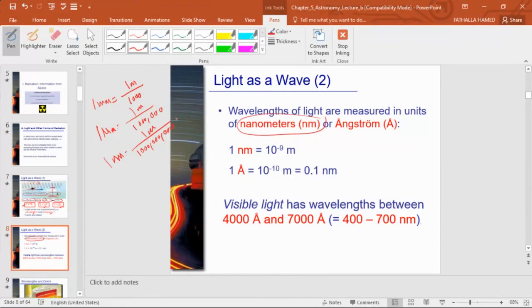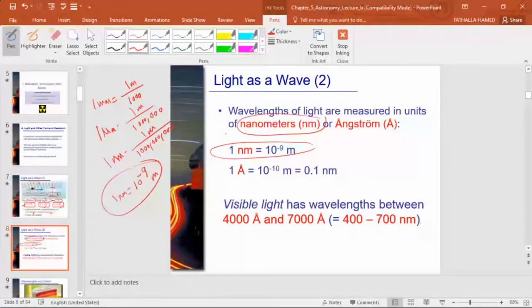So it's a very small unit. Now we can write the 1 nanometer as 10 raised to the power minus 9 meter. And that's what we have here. So we use a unit of nanometers.